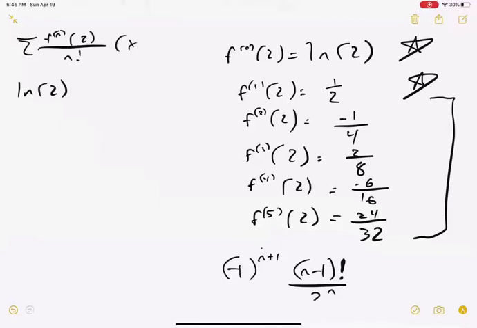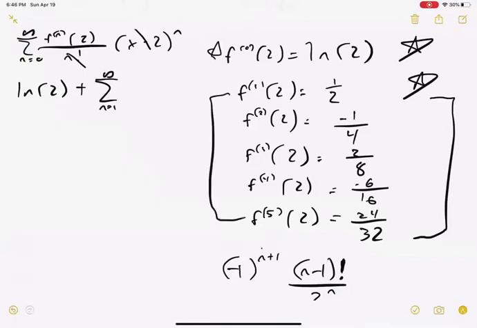At index 0, when I plug in 0, I get ln of 2. So ln of 2 by itself should be my first term, and then I can write the rest as a series starting at 1. For the rest of that series, my terms match this pattern here.